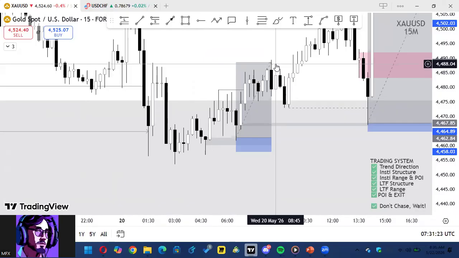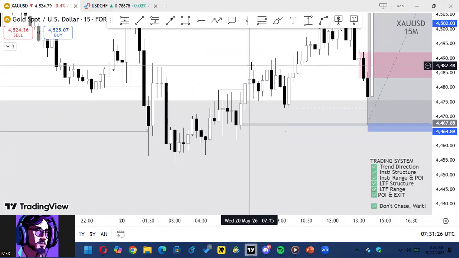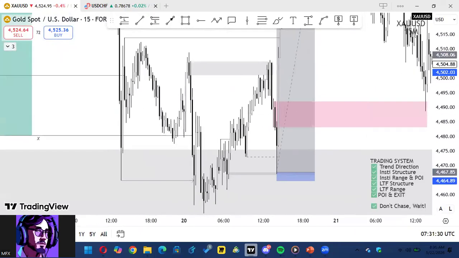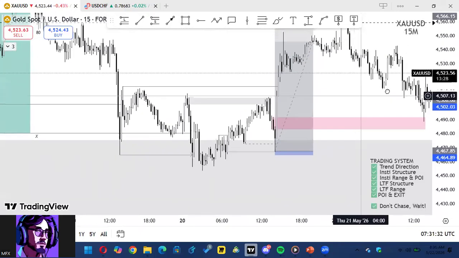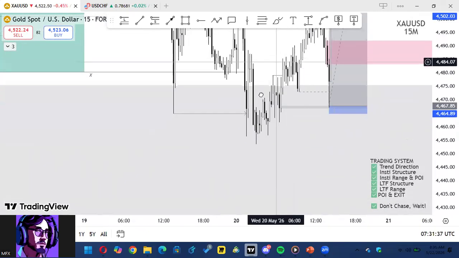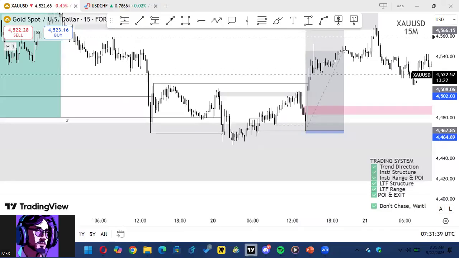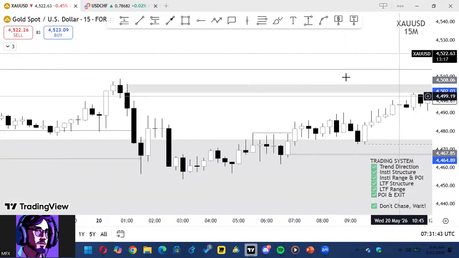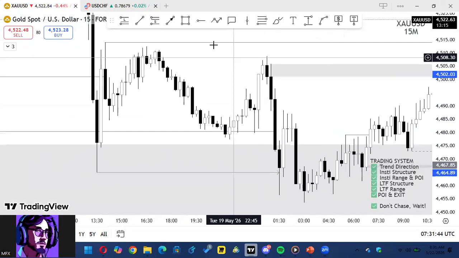So what am I saying? I'm trying to show you guys how these rules can make the whole thing so simple for you. And that was the same thing that played out here. Just that my only mistake was I was looking at this break of structure on 15 minutes. That's one of the problems traders face.